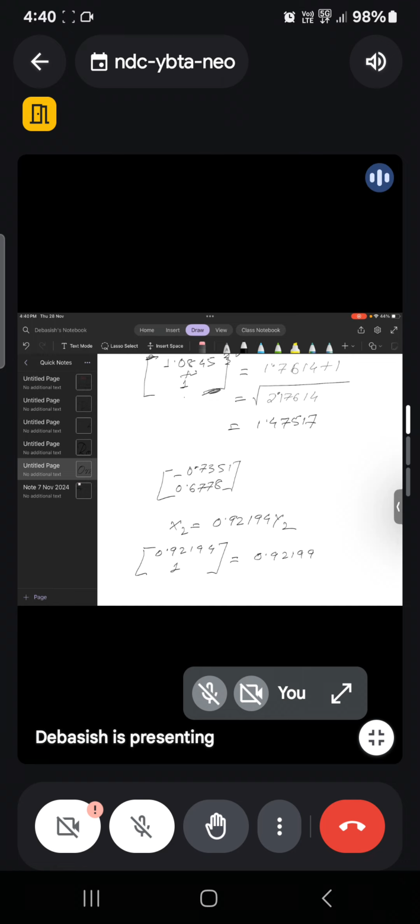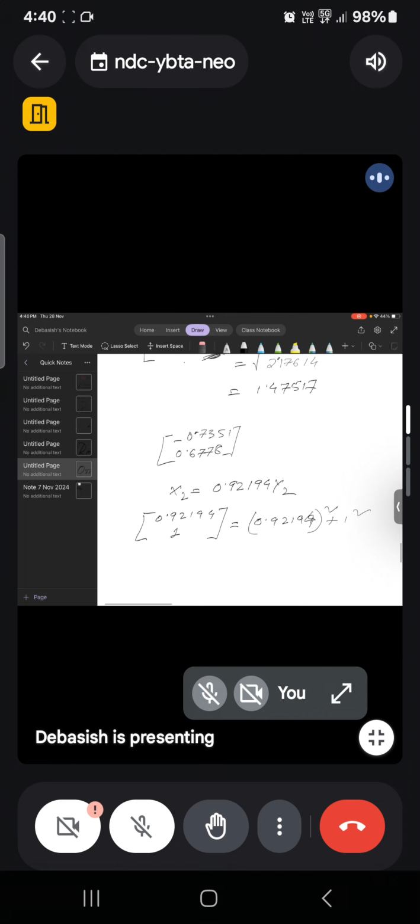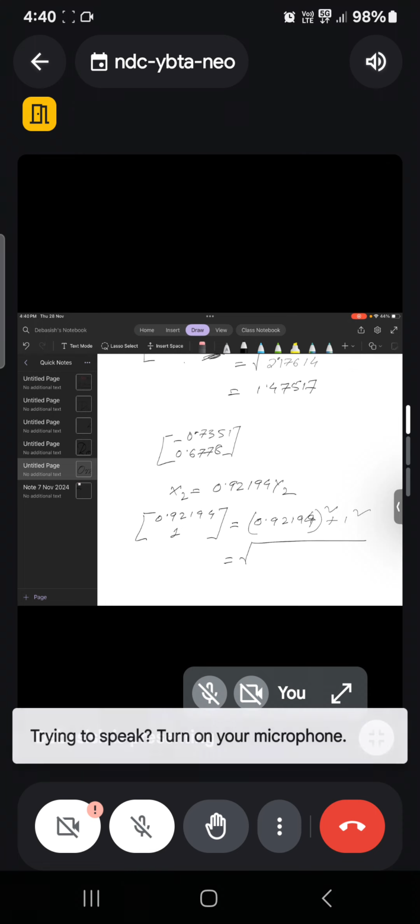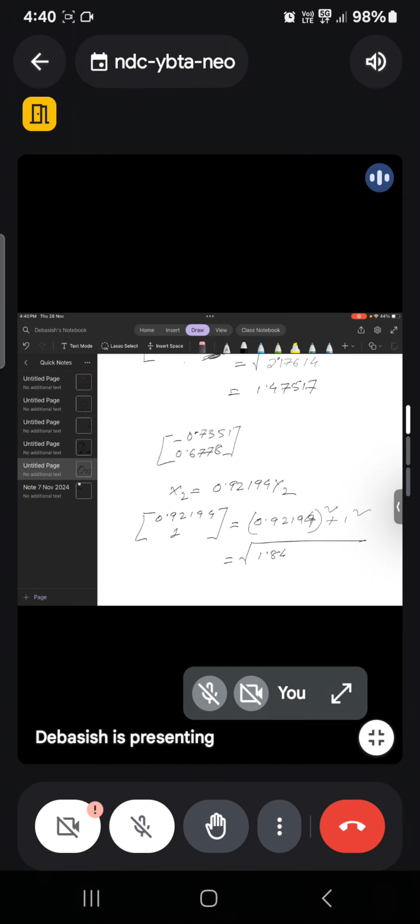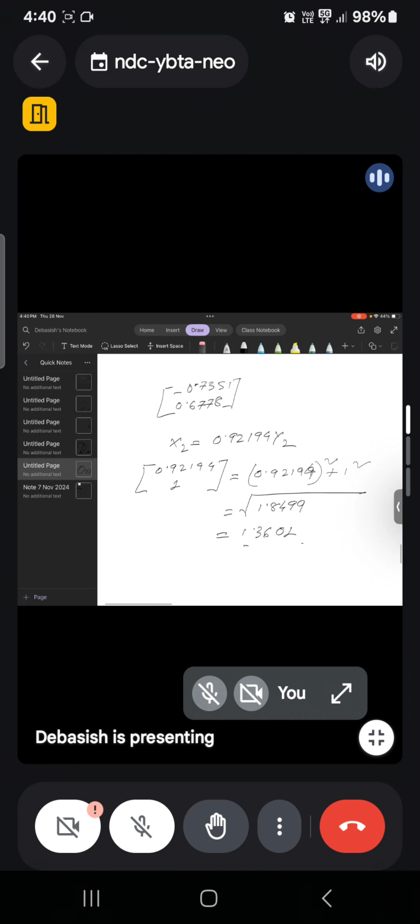Actually, basically what we are doing, I'll show you. This is 4, and we are finding the square root of this, 2, 1.84, 1.3601. If you subtract this from this, we will get values like 0.6778 and 0.7351.